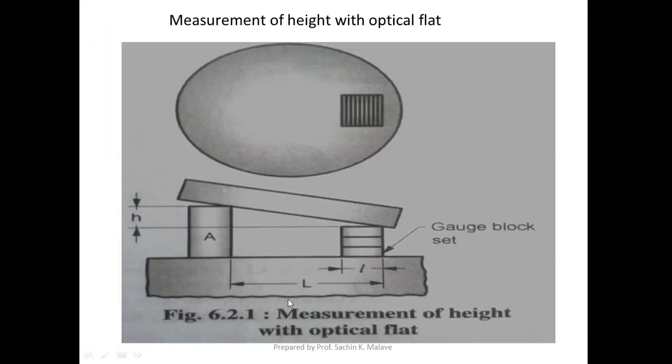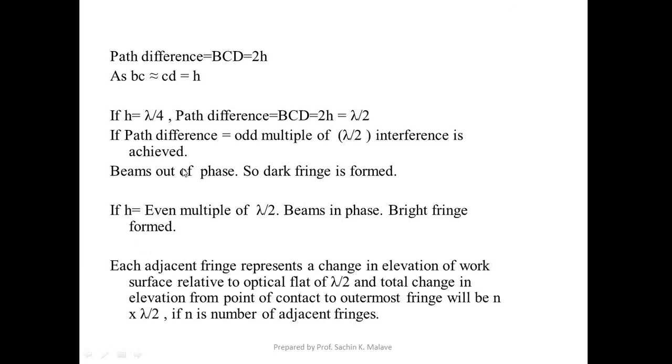Then let us see one more case. On the other hand, if instead of taking H equal to lambda by 4, we take H as lambda by 2, in that case the path difference is going to be an even multiple of lambda by 2, isn't it?